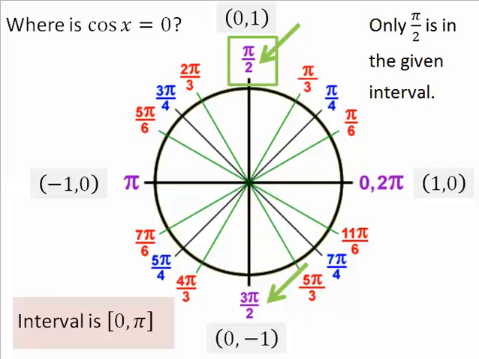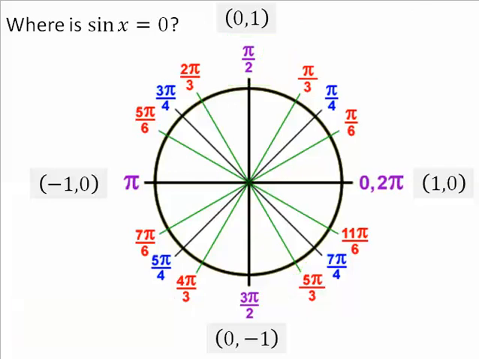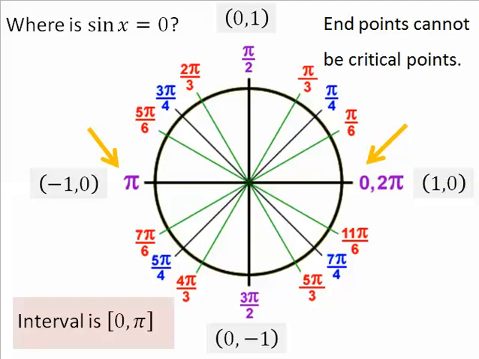What about sine x? Where is sine x equal to 0? Well, sine x is equal to 0 on the far left and far right of my unit circle. However, keep in mind that endpoints cannot be critical points.